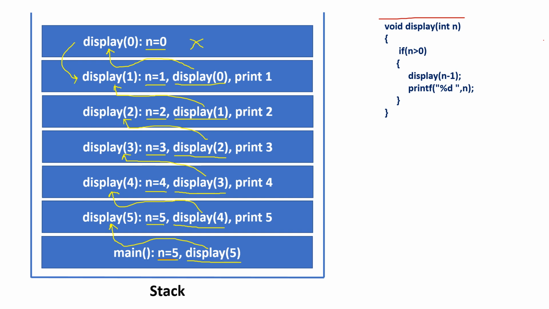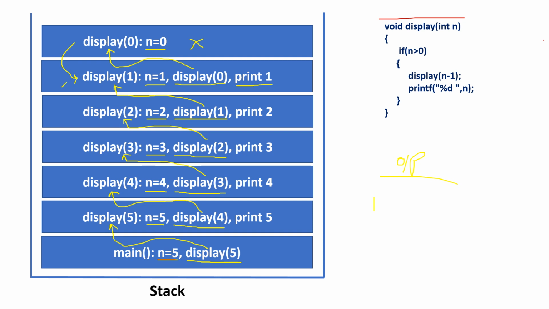Once this function is executed, the control comes to display of 1. Then what are the remaining statements in display of 1 that are left? That is print 1. So that's why in the output we get 1. Now once this function is completed, it will be removed from the stack.